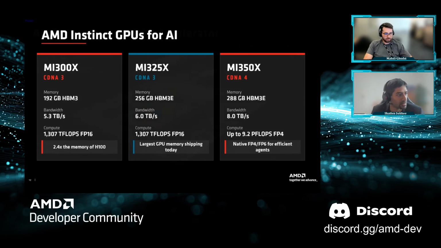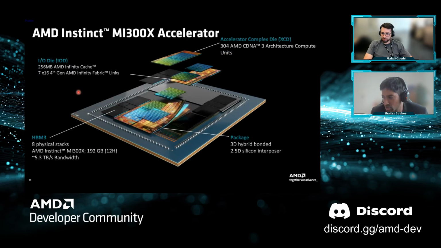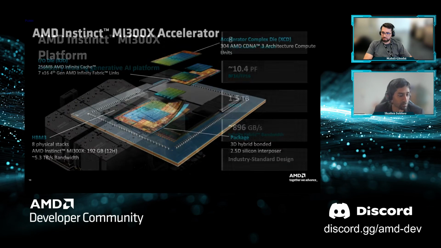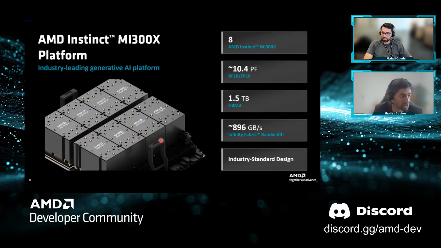Now, looking a little bit at the chip, how that looks like, this is just one of those MI300X chips. And on one node, you will basically have 8 of them. For those who have never seen a GPU node, it basically looks like this. We call it a platform. A platform has 8 GPUs. What you see here are basically 8 of them.